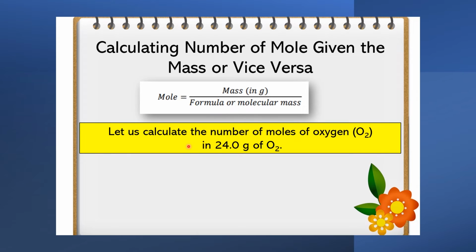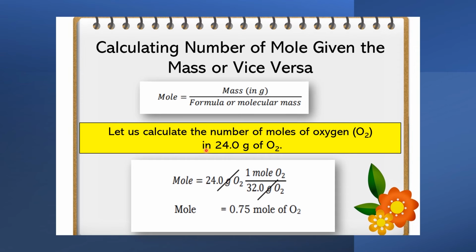From the definition of a mole, we know that 1 mole of O2 is equal to 32 grams. So let's substitute the values to the formula. 24 grams times 1 mole divided by 32, cancel out the common units, and the answer is 0.75 mole of oxygen.